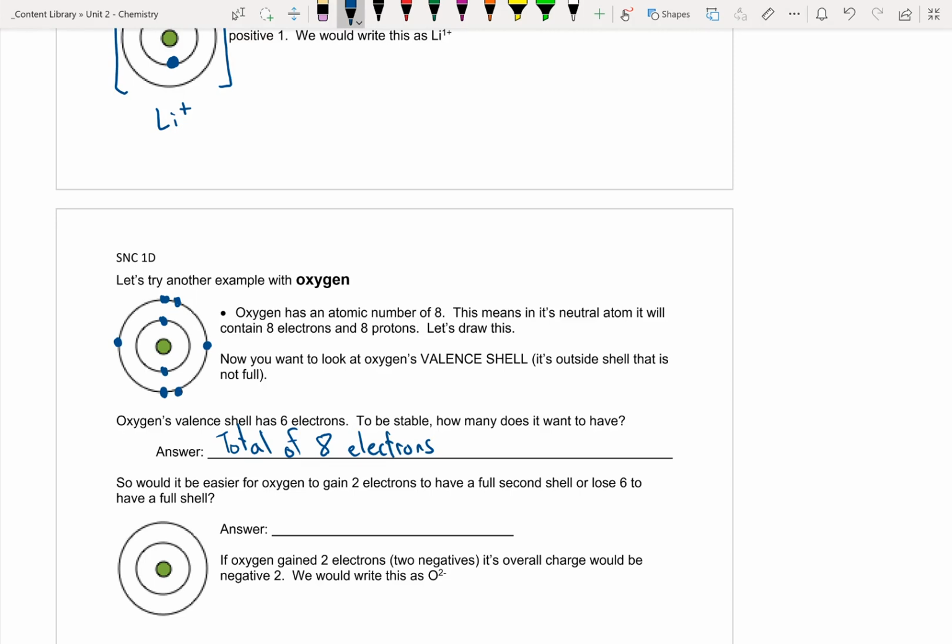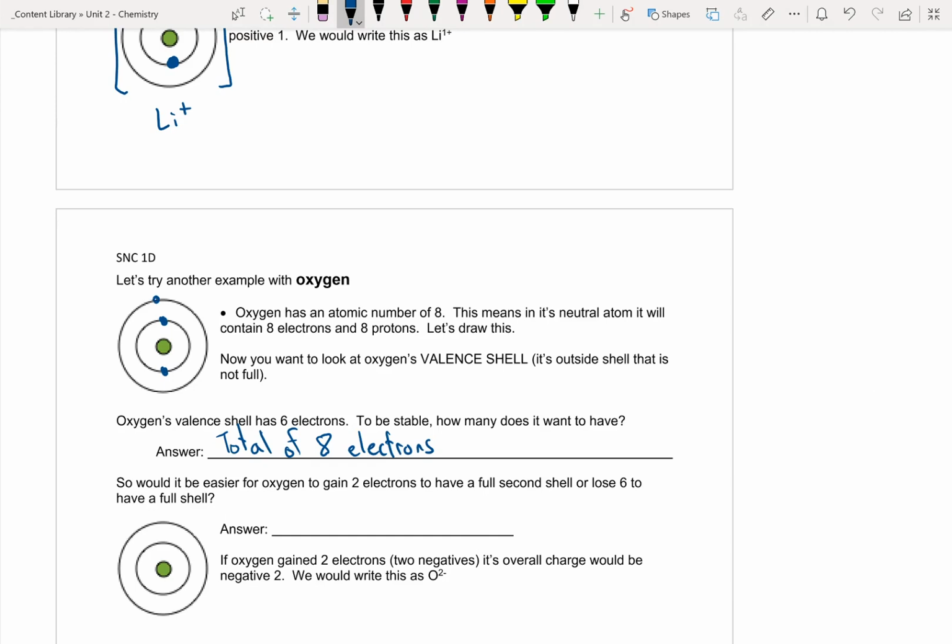So I have to think, is that outer shell going to be stable by adding 2 electrons or by losing 6 electrons? So is it easier to add the 2 electrons here, or is it easier just to get rid of all of them and be left with 2 in my first shell, which would still be a complete shell?